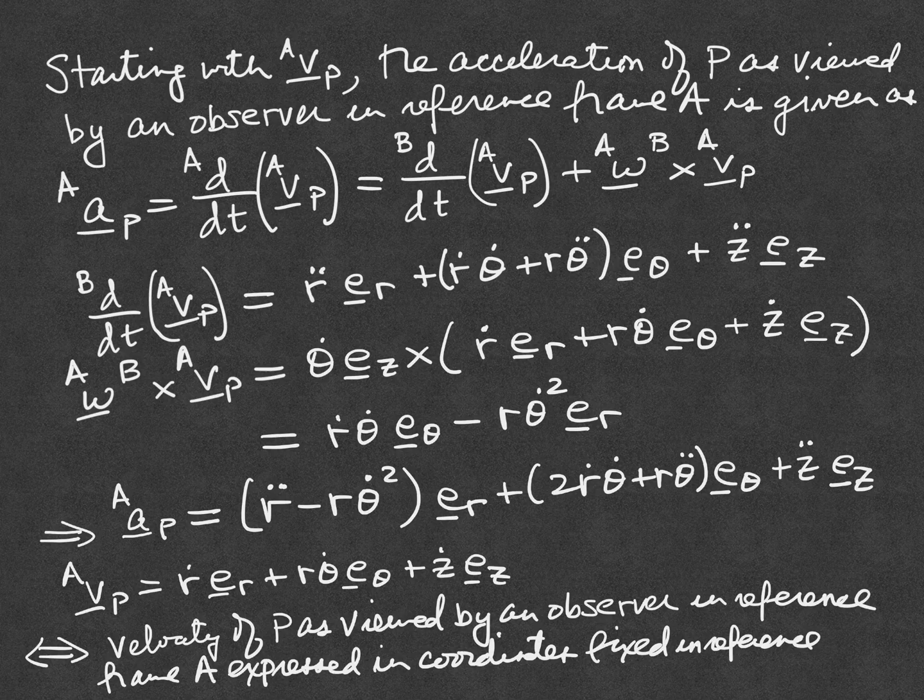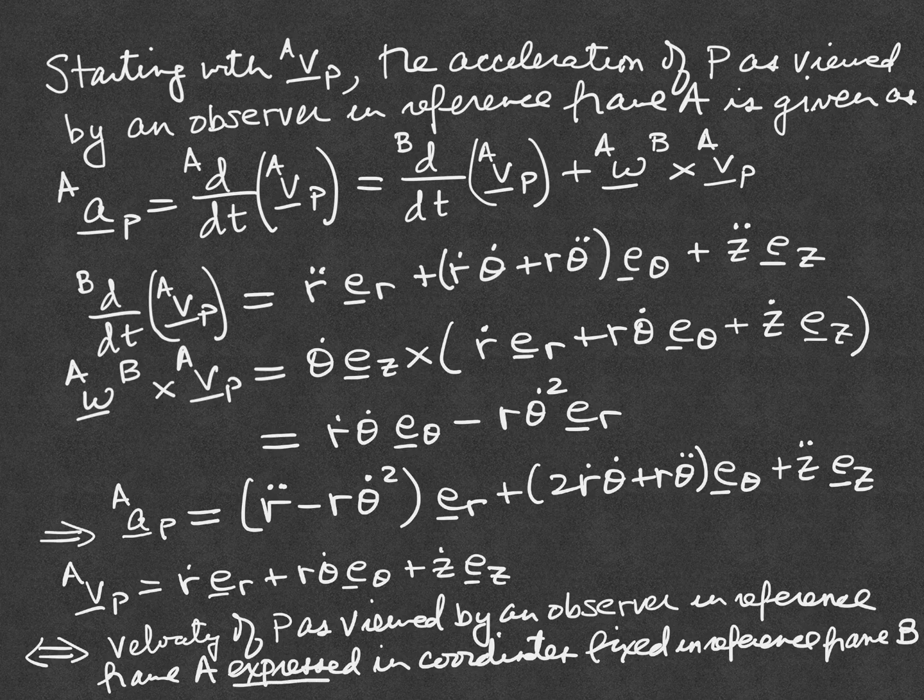That's really important, that this is expressed in coordinates fixed in reference frame B. So even though I'm getting the rate of change as viewed by an observer in reference frame A, it's this key point here.